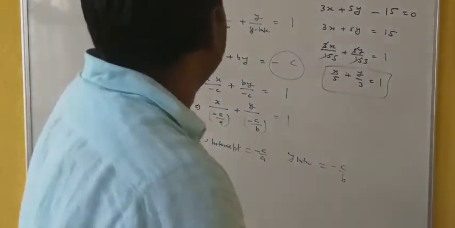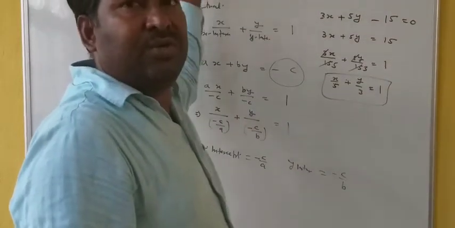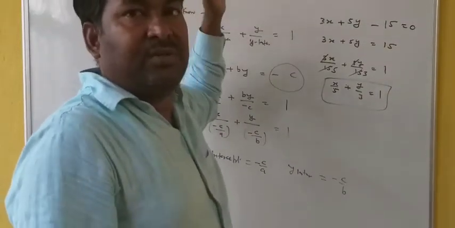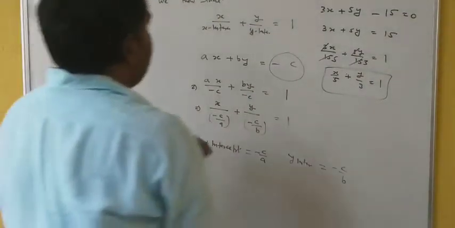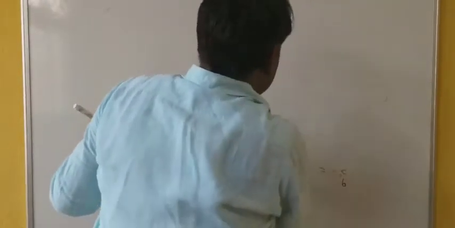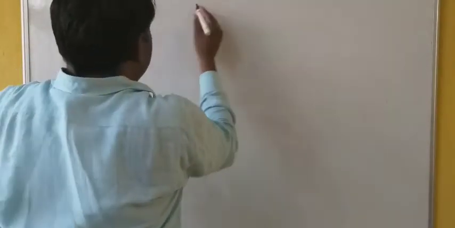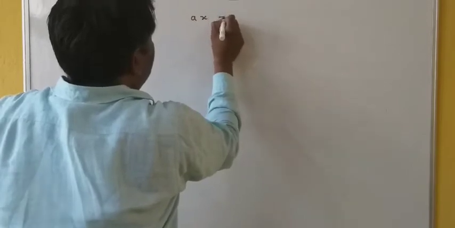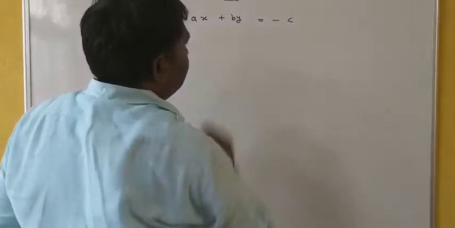Now the last and the most important: whenever you are given a general equation, how can you reduce it in the form of normal or perpendicular form? Just see. To convert it in that form, first of all, transpose the constant term to the right hand side.